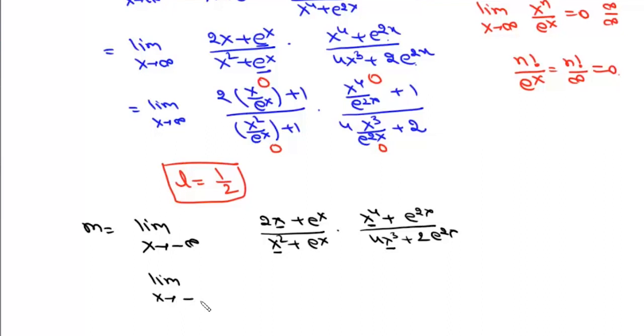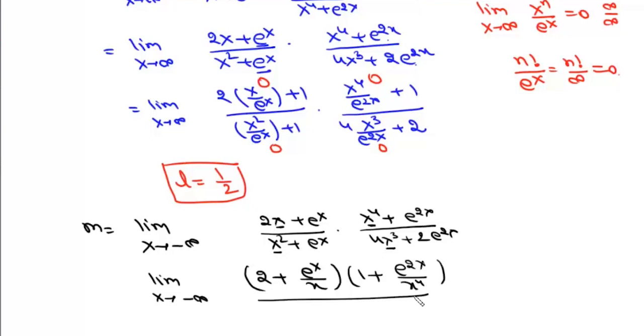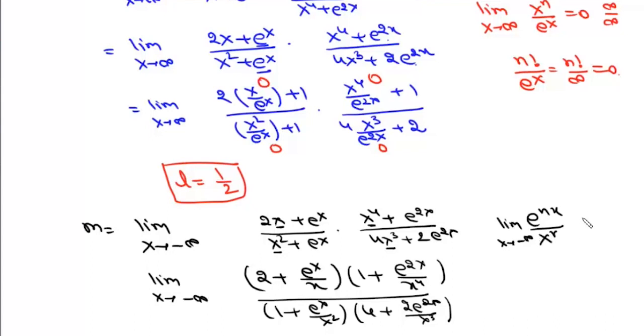So we can write the limit as x tends to minus infinity. This is (2 + eˣ upon x), and here it will be (1 + e²ˣ upon x⁴), and this is (1 + eˣ upon x²), and here will be (4 + 2e²ˣ upon x³). Now eⁿˣ upon xʳ, where x tends to minus infinity, e to the power minus infinity is 0, and 0 upon infinity is 0.